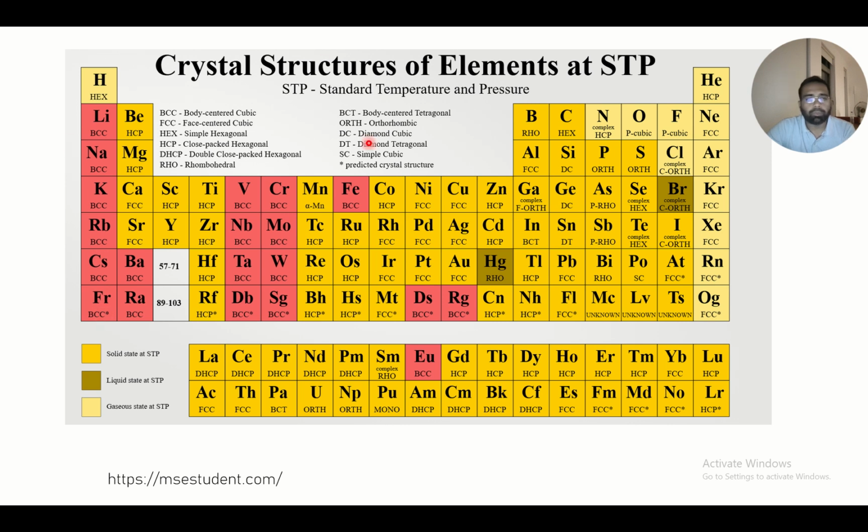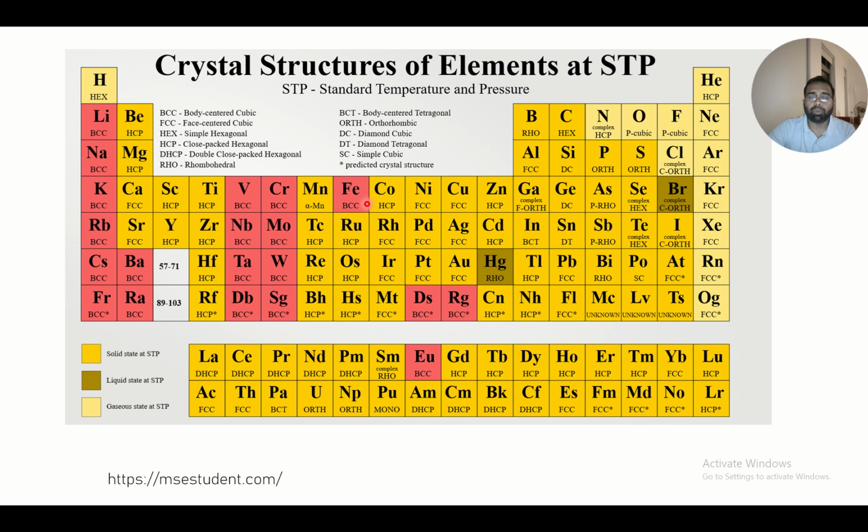So the whole periodic table has some kind of crystal structure, and some materials don't even have a defined crystal structure; the research is still going on. The crystal structures in this periodic table are at standard temperature and pressure, because with the application of temperature or pressure the structure changes.